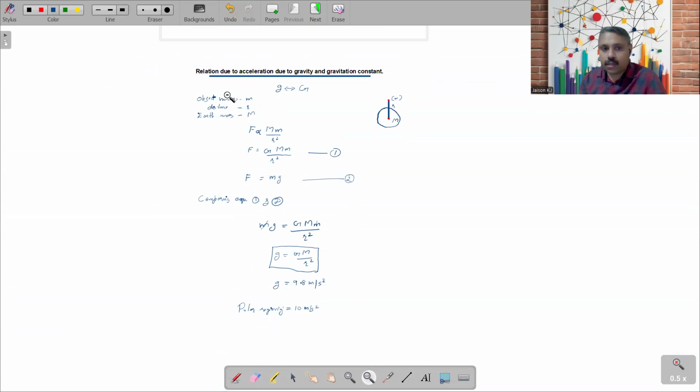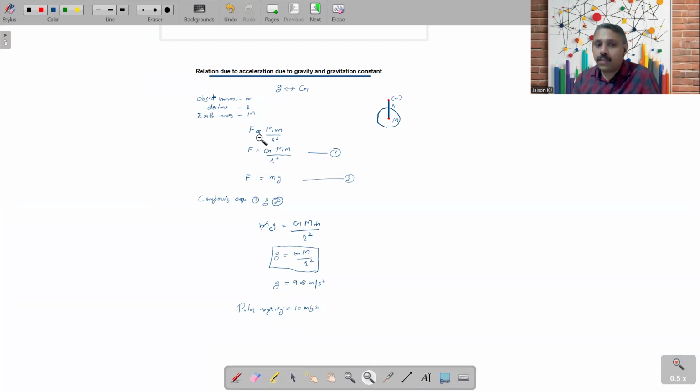So let's see once again. Object mass small m, the distance between the center of the Earth and the object is r, and capital M is the mass of the Earth. According to the universal law of gravitation, we can write the force between two objects. Here one object is the Earth and the other object is the body. F is directly proportional to M m divided by r square.